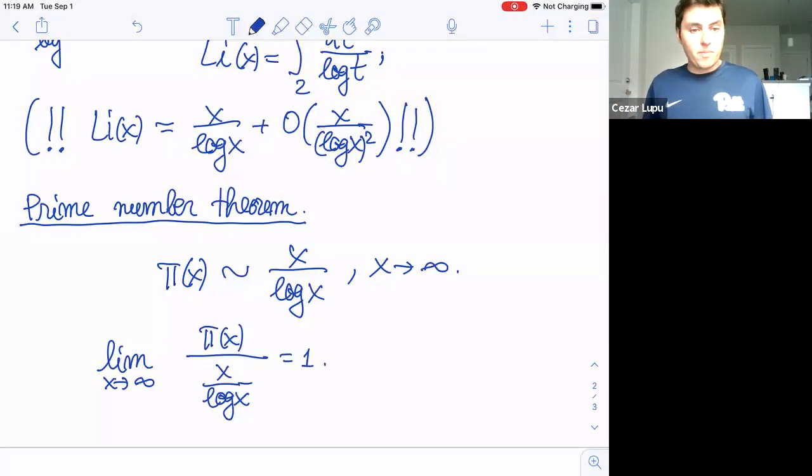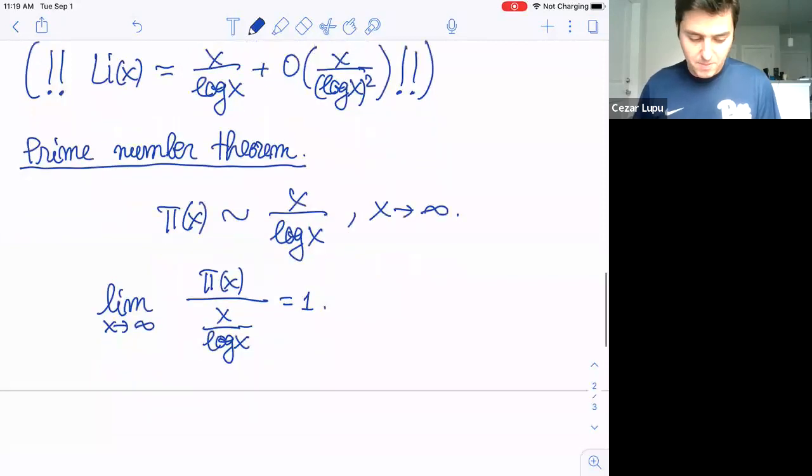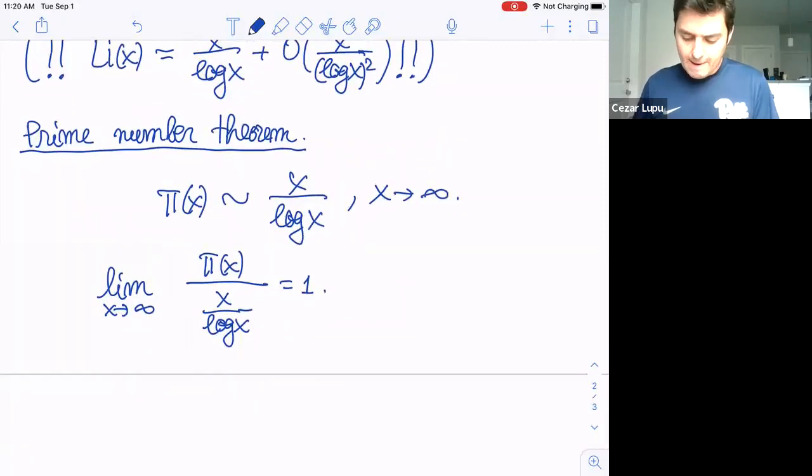This is the prime number theorem, and in fact it will give you a very nice asymptotic estimate for the nth prime number, if you want that as an exercise. But anyway, that's not the purpose of our talk.